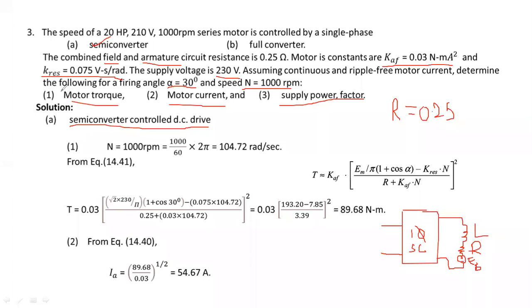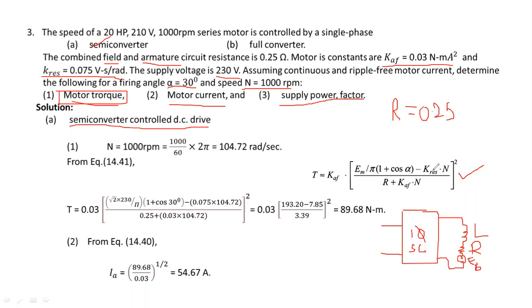First, what we need to calculate? The motor torque. We need to calculate the motor torque. So this is the torque equation of DC series motor. Previously, in the theoretical part, we derived the speed equation in terms of torque.